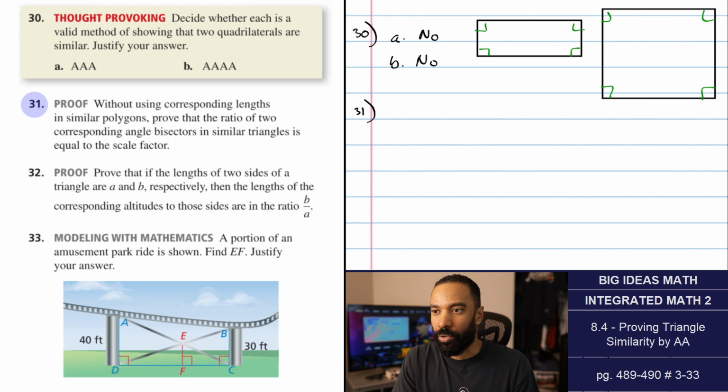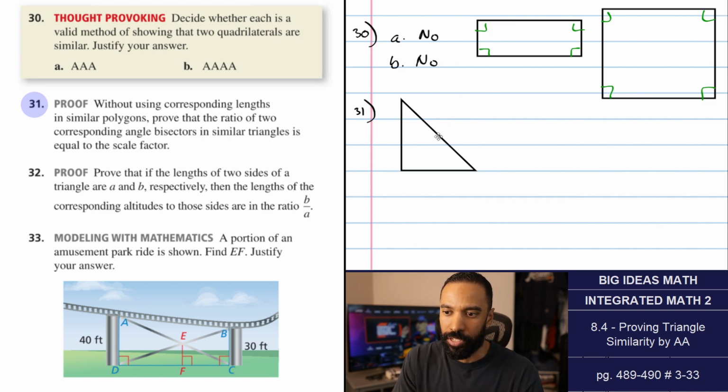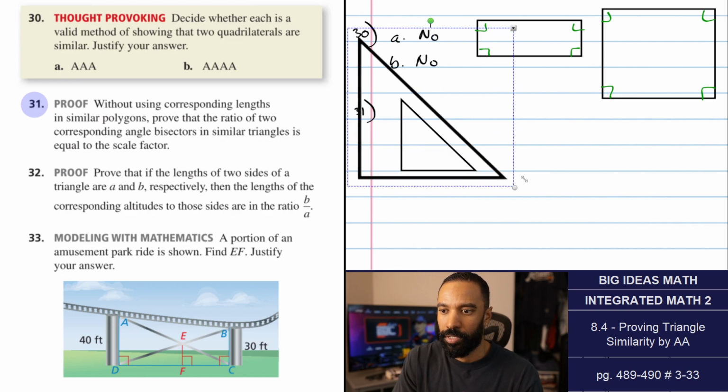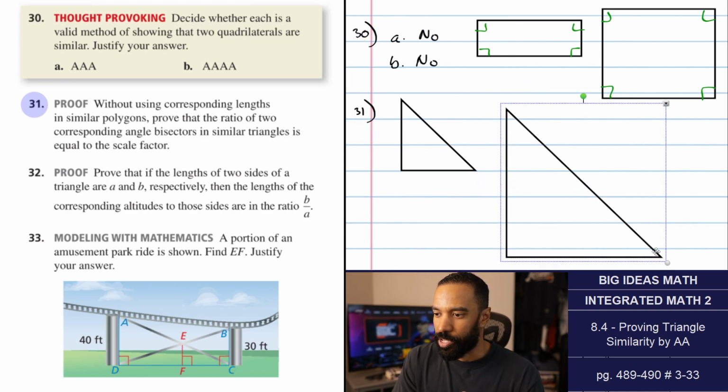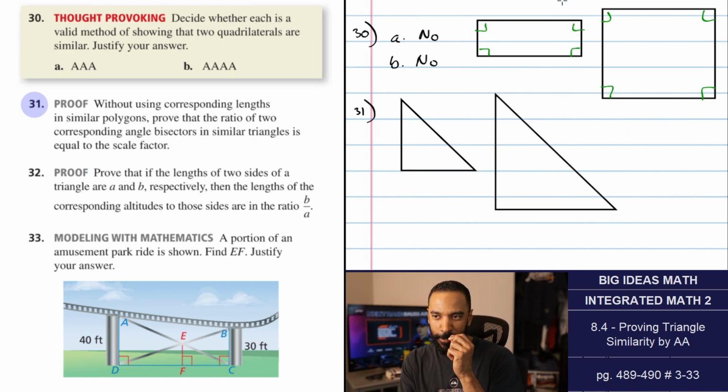But, okay, hold on. Let me draw... angle bisectors. Okay, that's fine. Let me just do one of these and copy and paste it and make a bigger one, and try to see what they're trying to say. So let's say that we had 2 similar triangles, and by and large these are similar just because of how I drew them.